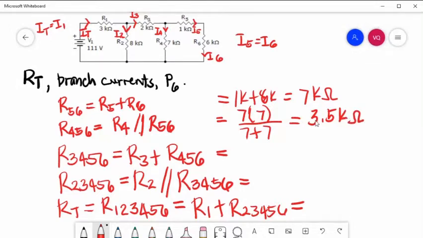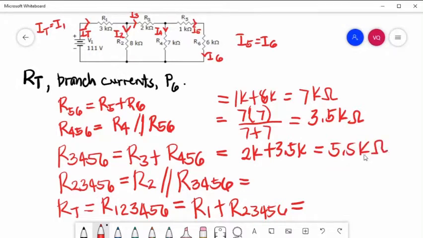Next, R3456 is just a sum because they are in series. R3 is 2 kilo ohm, so 2 kilo ohm plus 3.5K is equal to 5.5 kilo ohm.